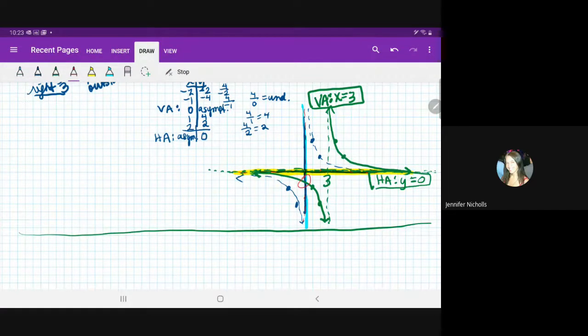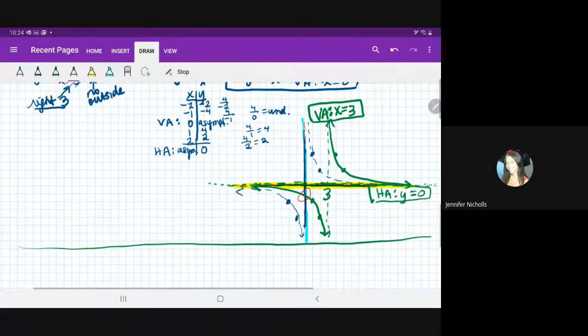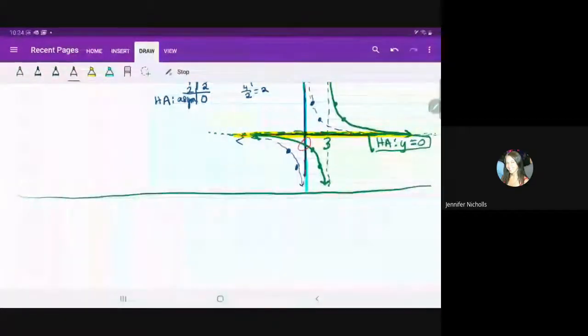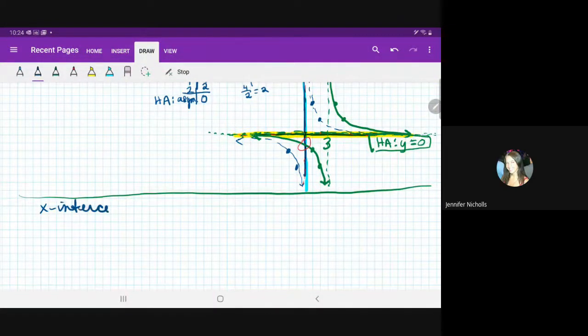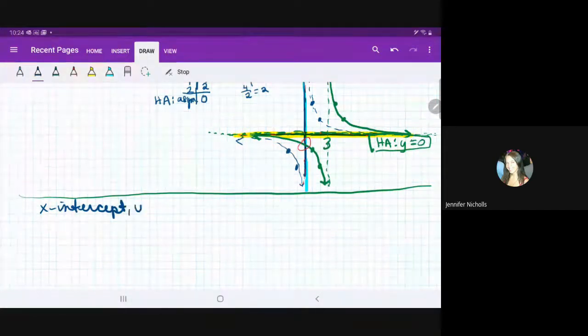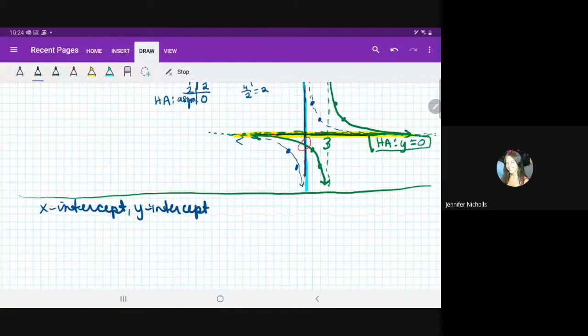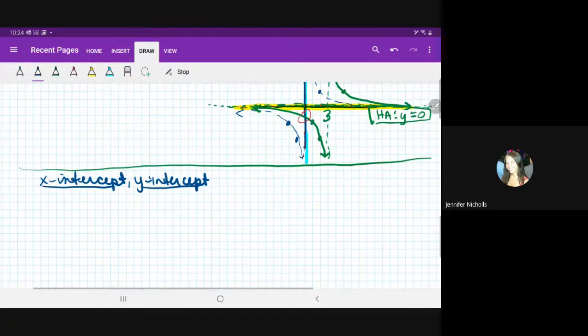So that's what made me think to ask what the x and the y intercepts are. So we'll do the x and the y intercepts on the graph that I just did, and then I'll show you another one if I have time. So let's talk about x-intercept and y-intercept. And maybe on Thursday, I'll have some problems on specifically finding the x and the y-intercept.